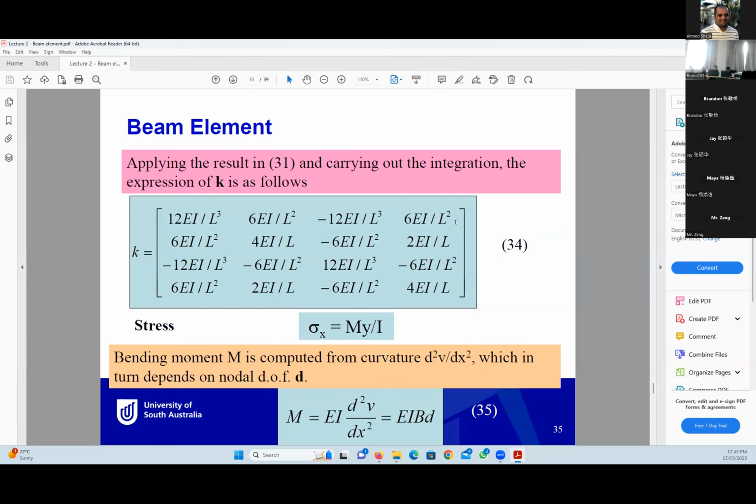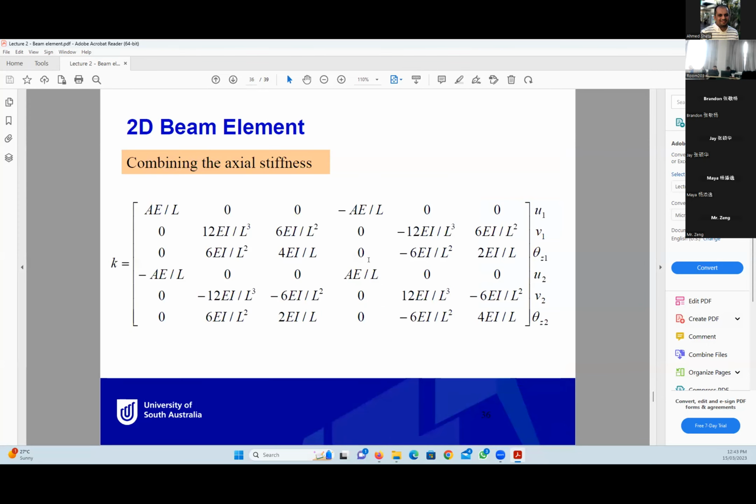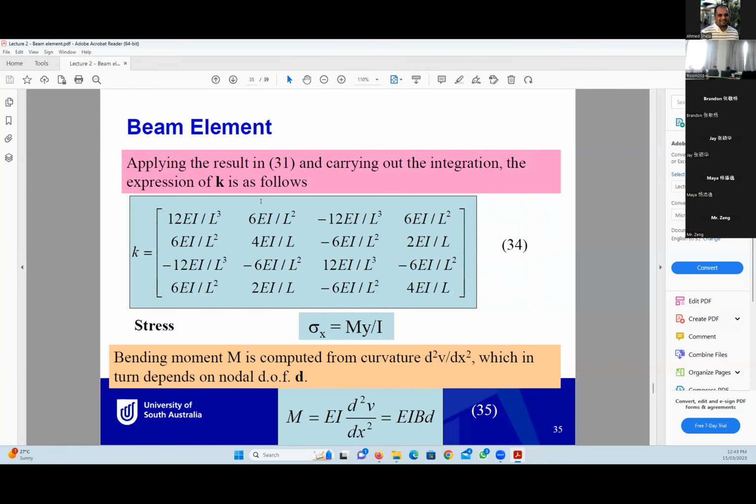Again, this matrix can be derived from the shape function, but we need to focus on the values, I mean the parameters, to use it in our example or problem.